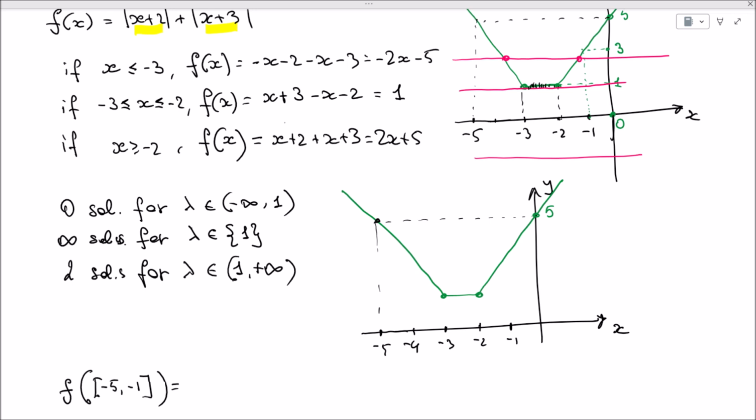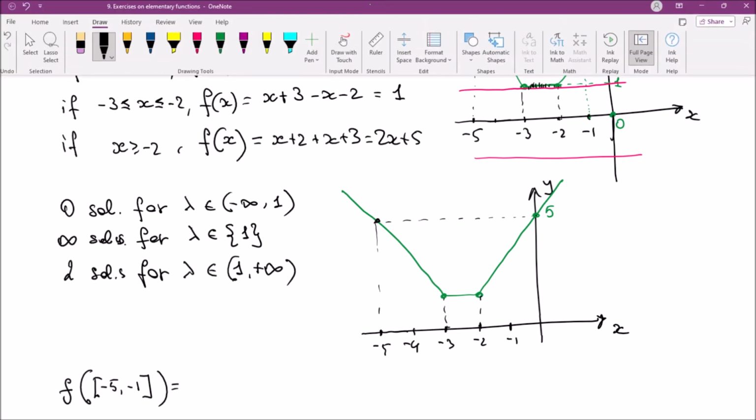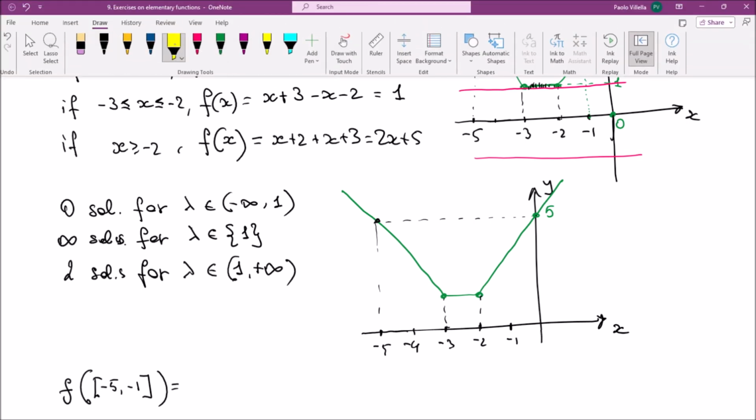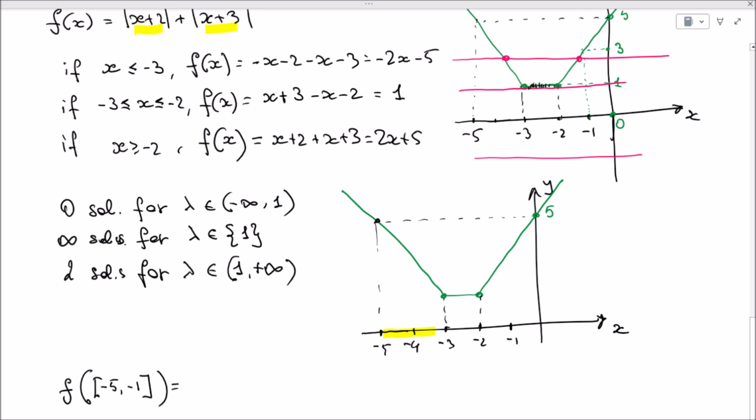Well, the procedure for finding the image of the interval is, the first step, identify on the x-axis the interval. And this interval is from -5 to -1. Then we need to go on the graph and identify the corresponding piece of the graph. And the corresponding piece of the graph, of course, is this one.